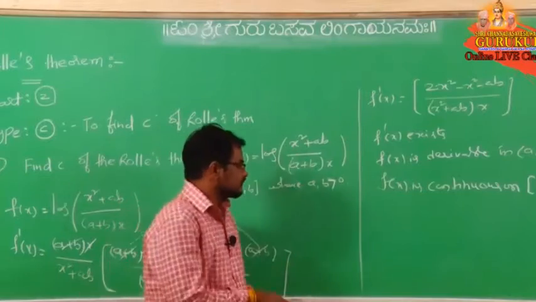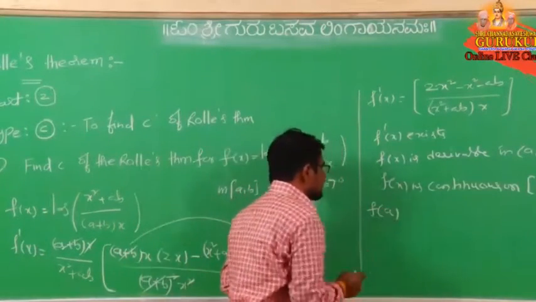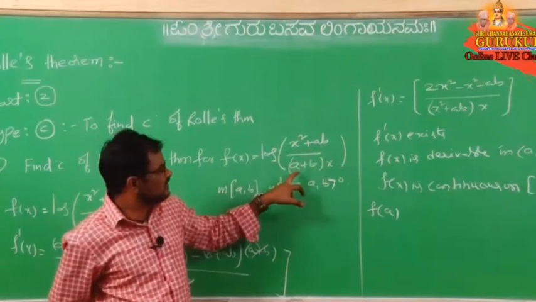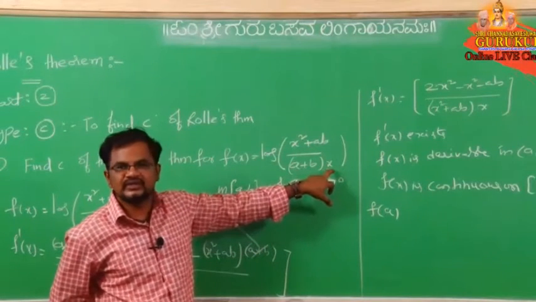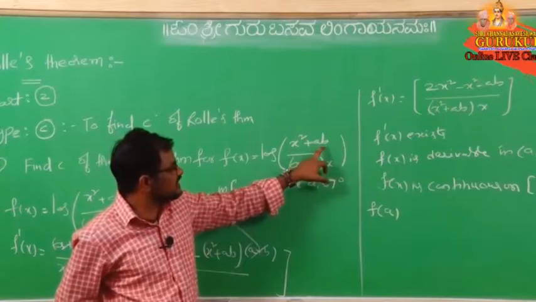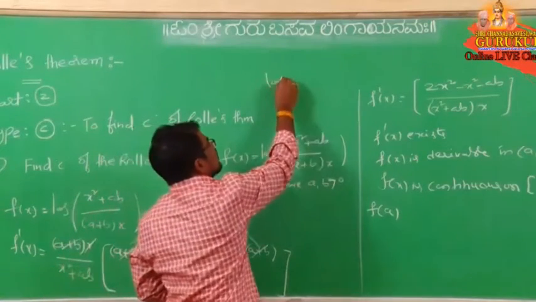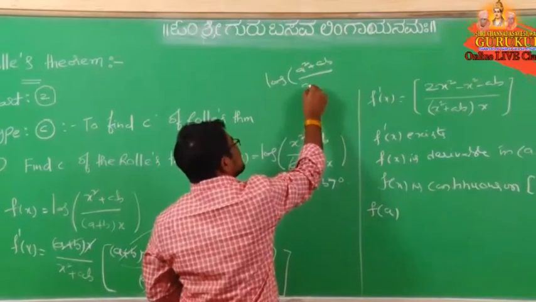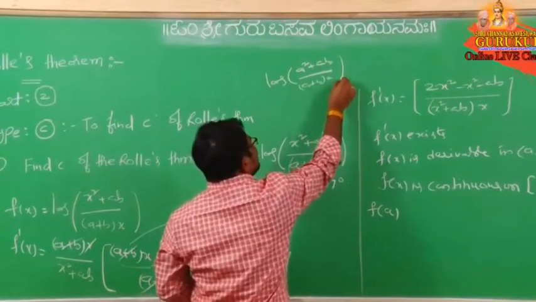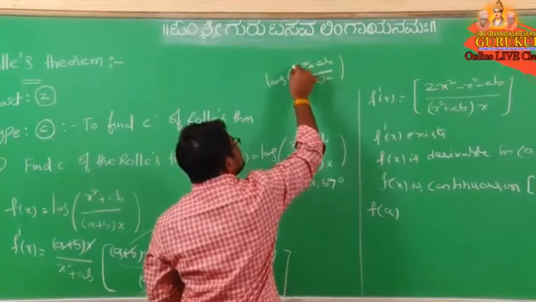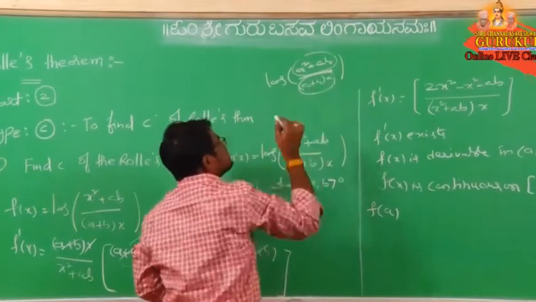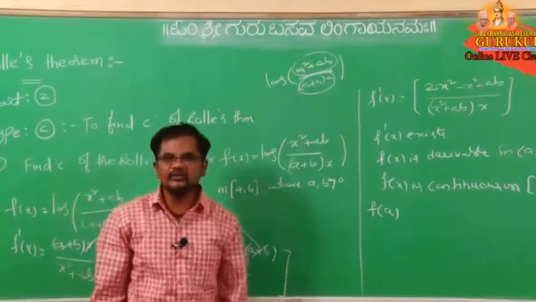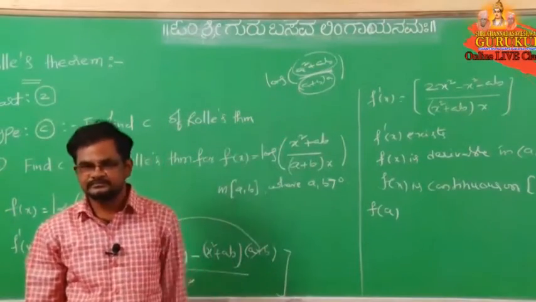F of a equals log of (a square plus ab) divided by (a plus b) into a. So what about this one and this one? Same only, or not? So log 1 value is 0.